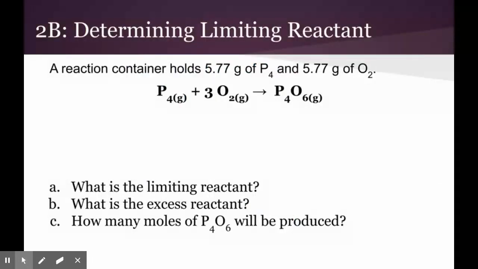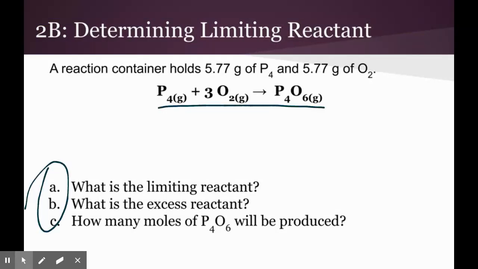Example number 2 says a reaction container holds 5.77 grams of P4 and 5.77 grams of O2. And here is our equation for that reaction. Again, we want to know what the limiting reactant, what the excess reactant is, and how many moles of P4O6 are going to be produced. So we're going to start with 5.77 grams of P4 and convert that to moles.